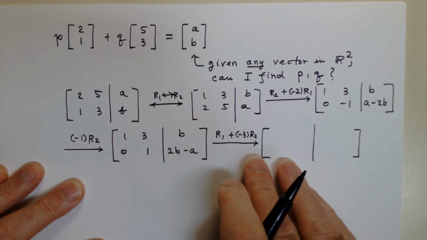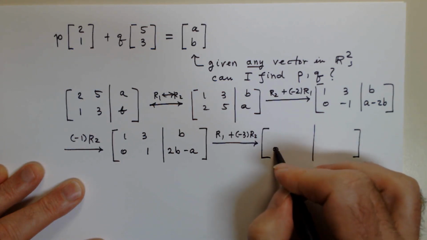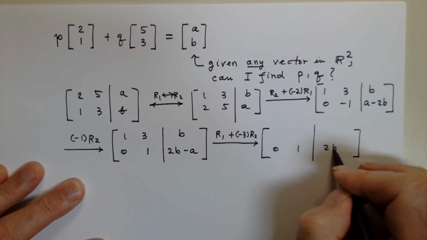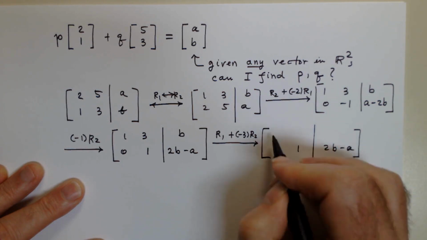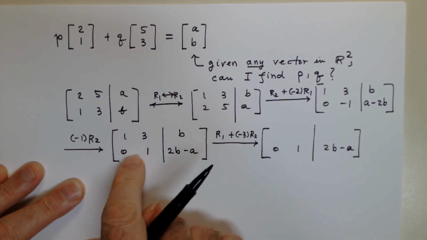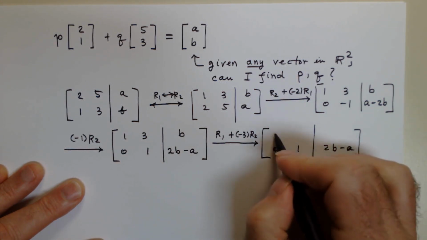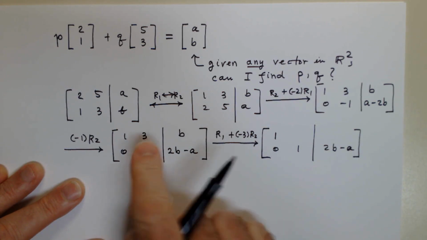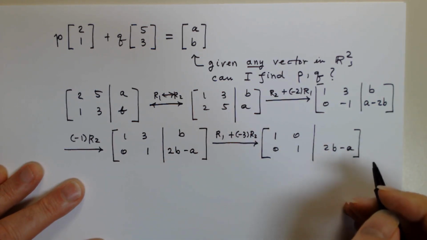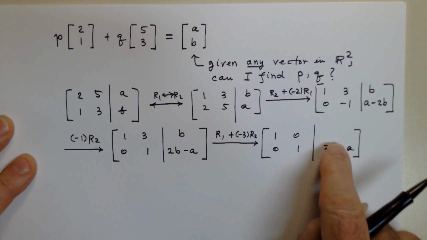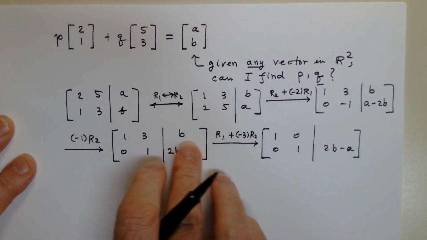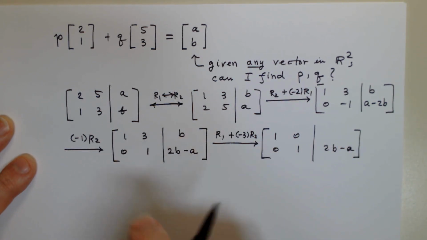Okay, and now we know row 2 is not changing, so we'll have 0, 1, 2b minus a. When I multiply by -3 and add up, that's going to stay as a 1. That's going to become a 0. And now we have to do a little side calculation. We have to take -3 times this entry and add it onto that entry.